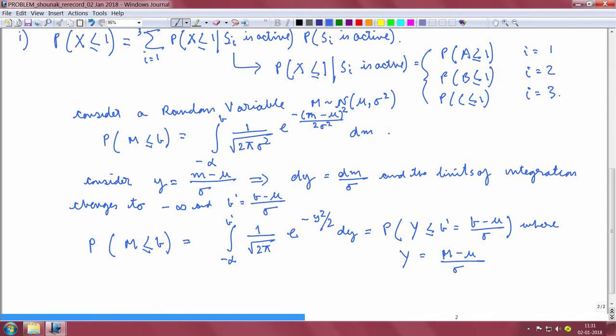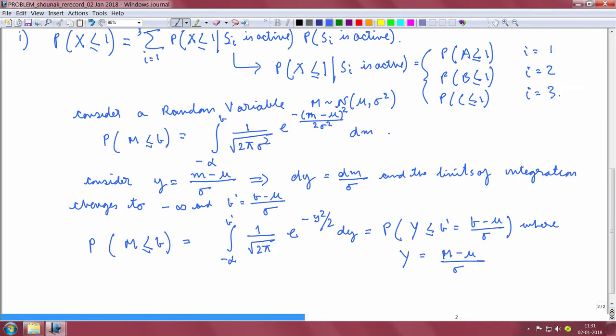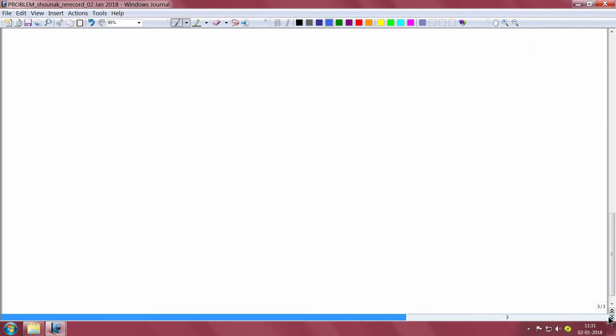Now, we actually try to solve the problem. What we have to actually solve are these values over here. Just let me open a new page. The probability that A is less than or equal to 1.